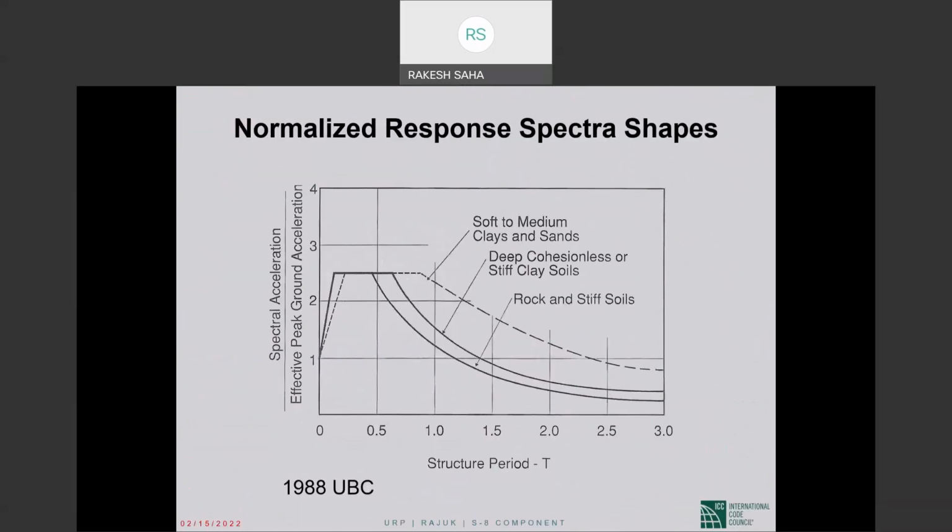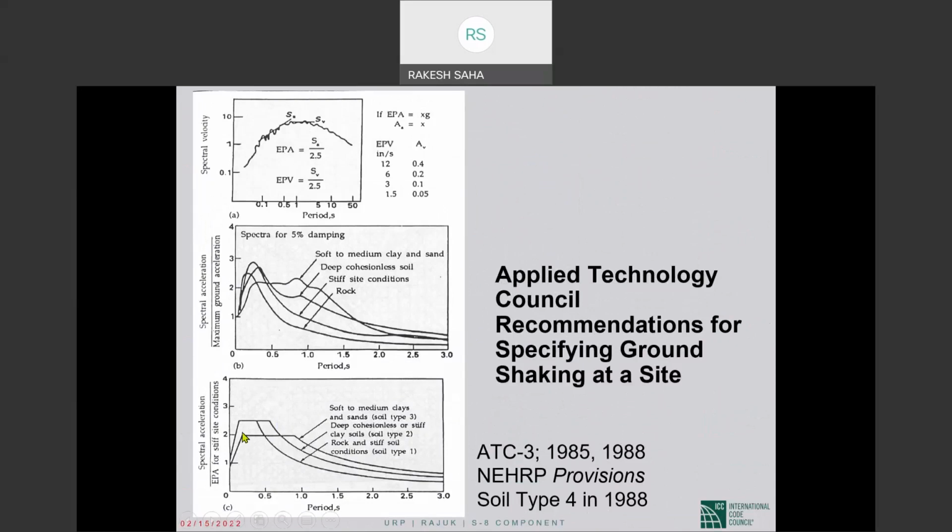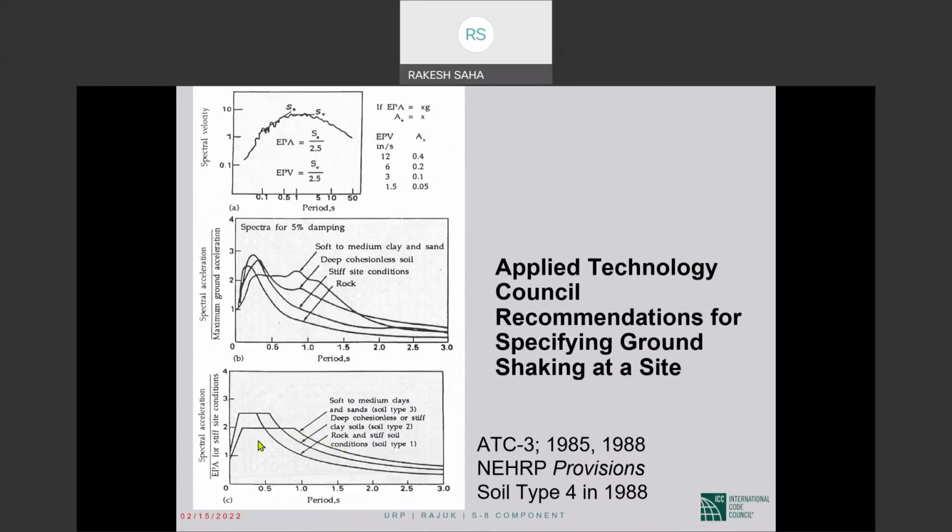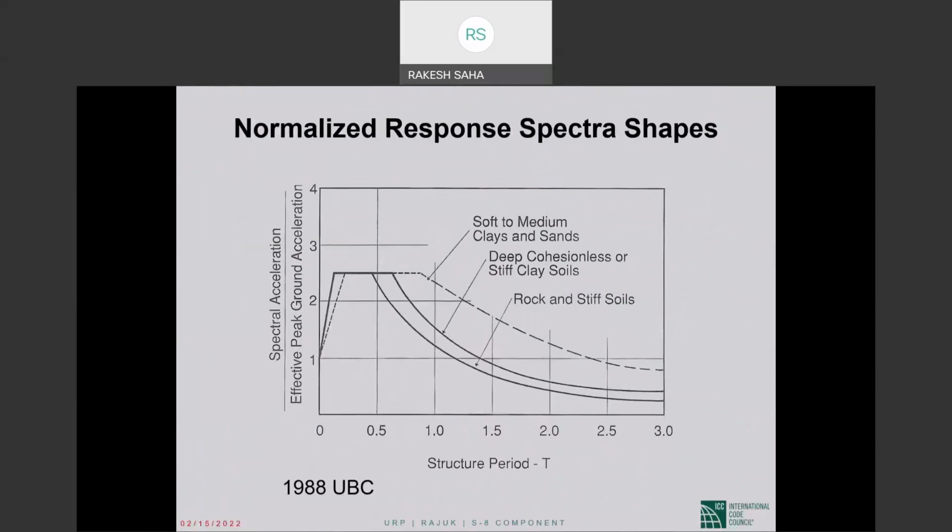Now, the next thing that happened is the Structural Engineers Association of California, for the 1988 UBC, decided that the soft soil spectrum being lower than the other spectra is a little too fancy for engineering use. So they went with the same plateau for all three plots.